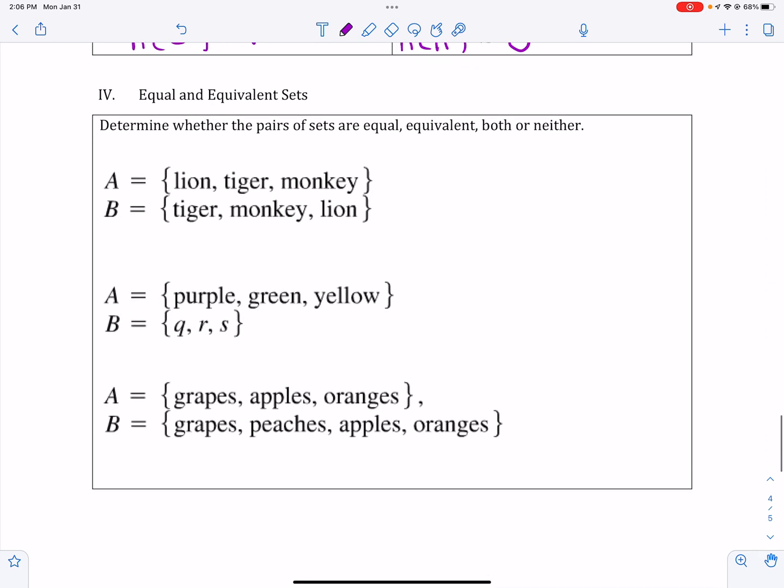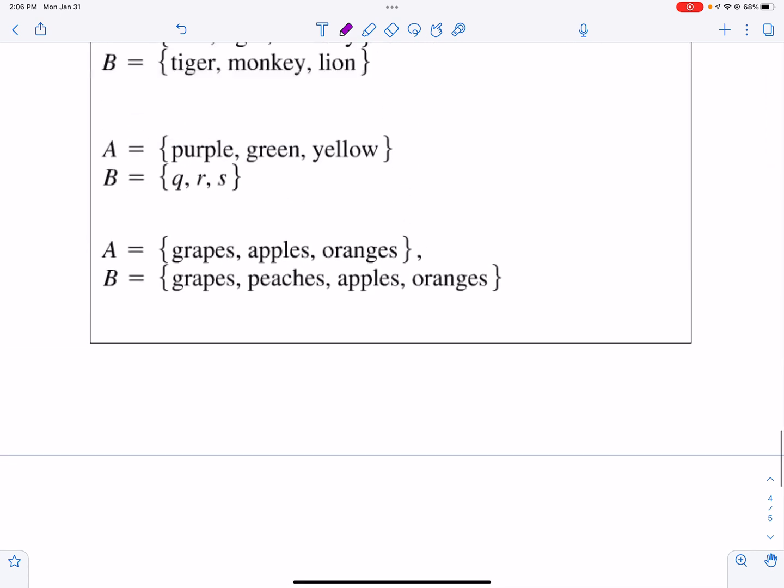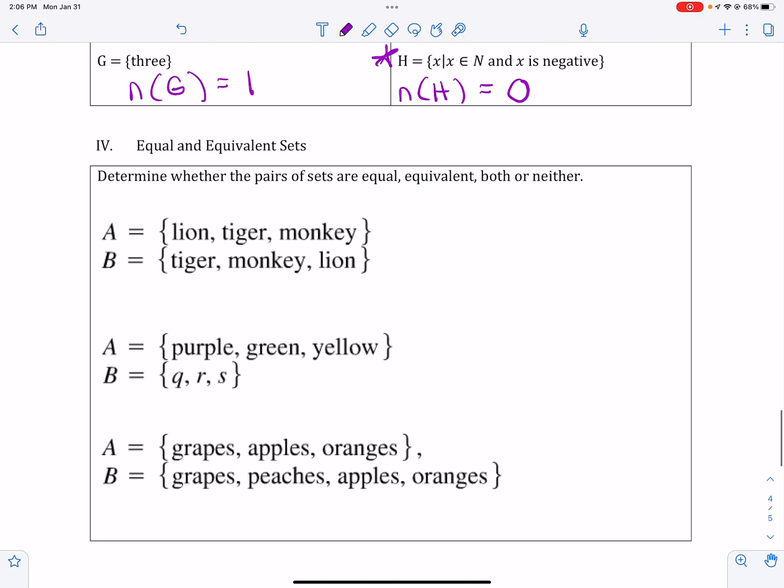Okay, and then the last thing that you have to do on this set, on this information, is be able to define equal and equivalent sets. And so when I do equal and equivalent sets, I must count each item. So if a set is equal, it is also equivalent.